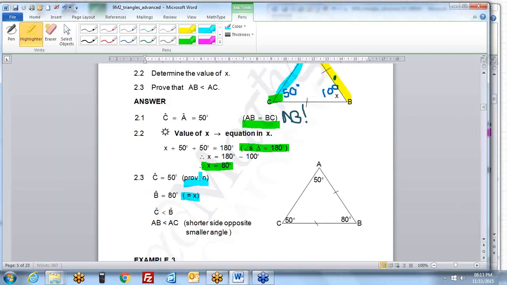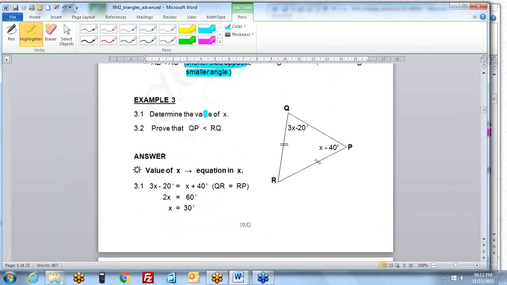And then you can say angle C is smaller than angle B because 50 degrees is smaller than 80 degrees. Therefore, the side that's opposite that angle will be smaller. So AB will be smaller than AC because the shortest side is opposite the smaller angle.